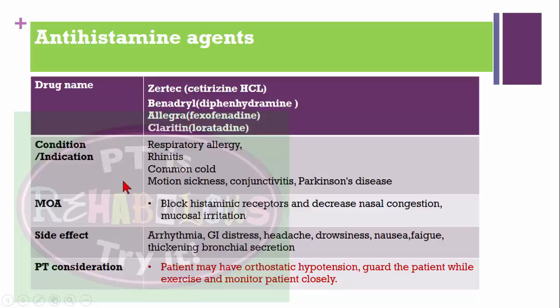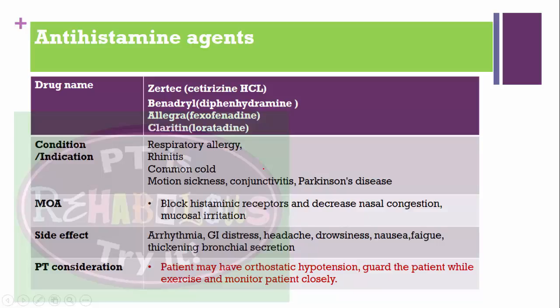Mostly these drugs are used for allergy or respiratory allergy, rhinitis, common cold, motion sickness, conjunctivitis and Parkinson's disease. The main mechanism of action is to block histaminic receptors and decrease nasal congestion or mucosal irritation.